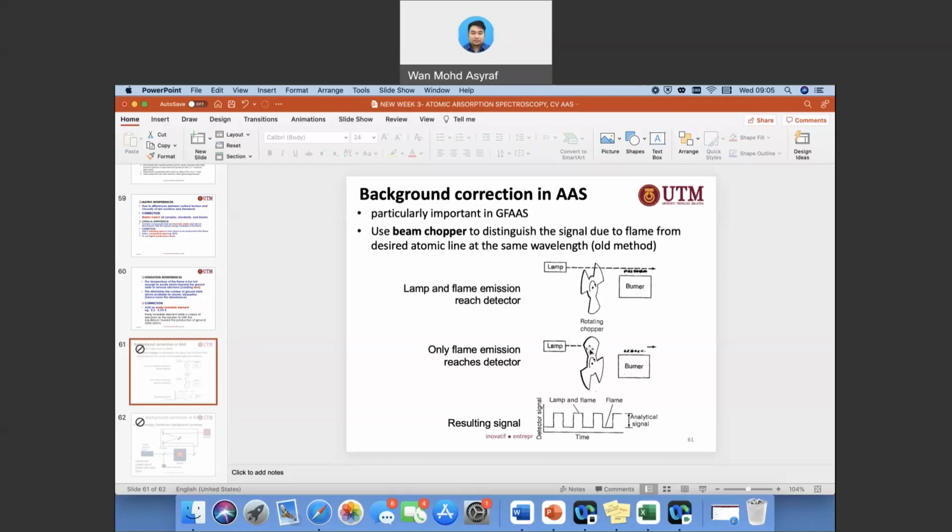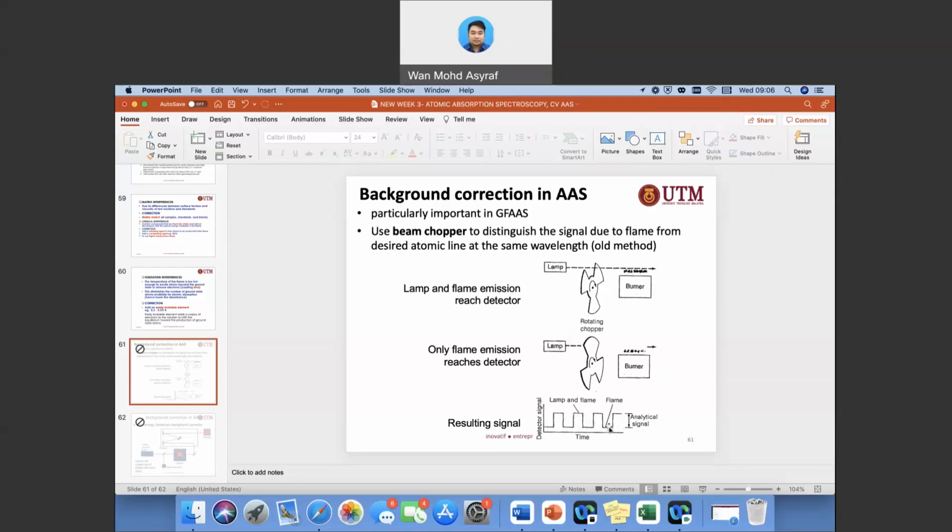But when it is in this position, the radiation from your lamp is being blocked, and only radiation coming from the burner or from the flame, which is your sample radiation, gets through. So in terms of the resulting signal, the top part here comes from your lamp and flame, while the bottom part here comes from just your flame.